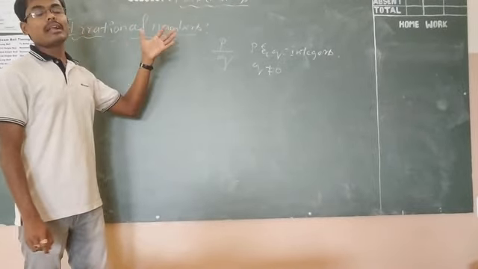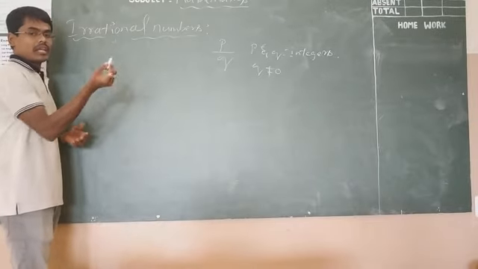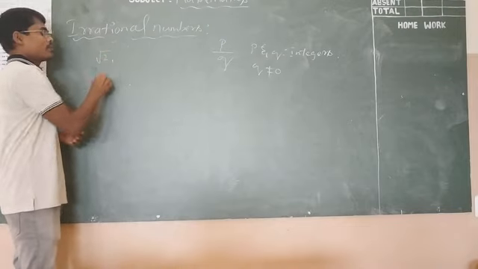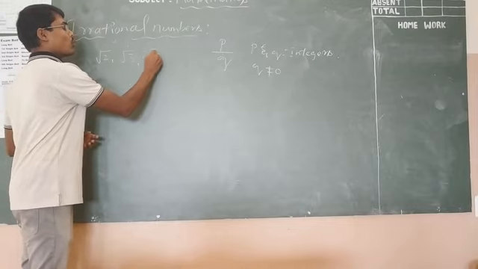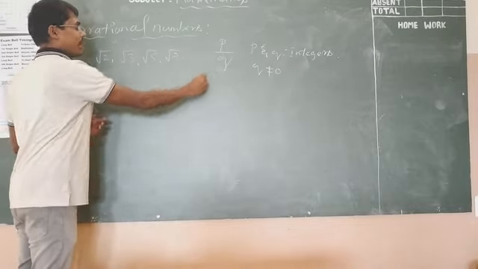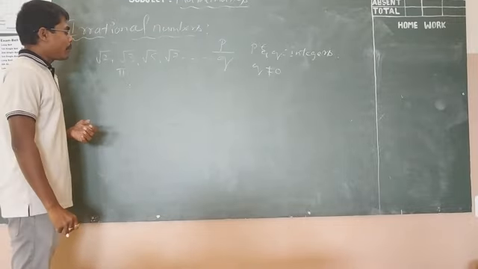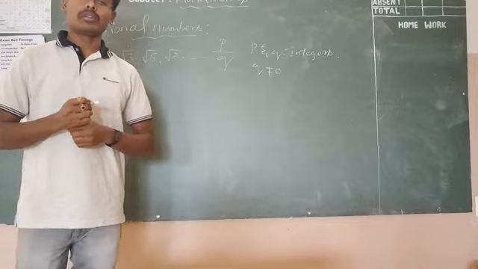name called irrational number. And I have already given so many numbers regarding irrational numbers. Examples: root 2, root 3, root 5, root 7, and so on. And even the number pi is also an example of an irrational number.